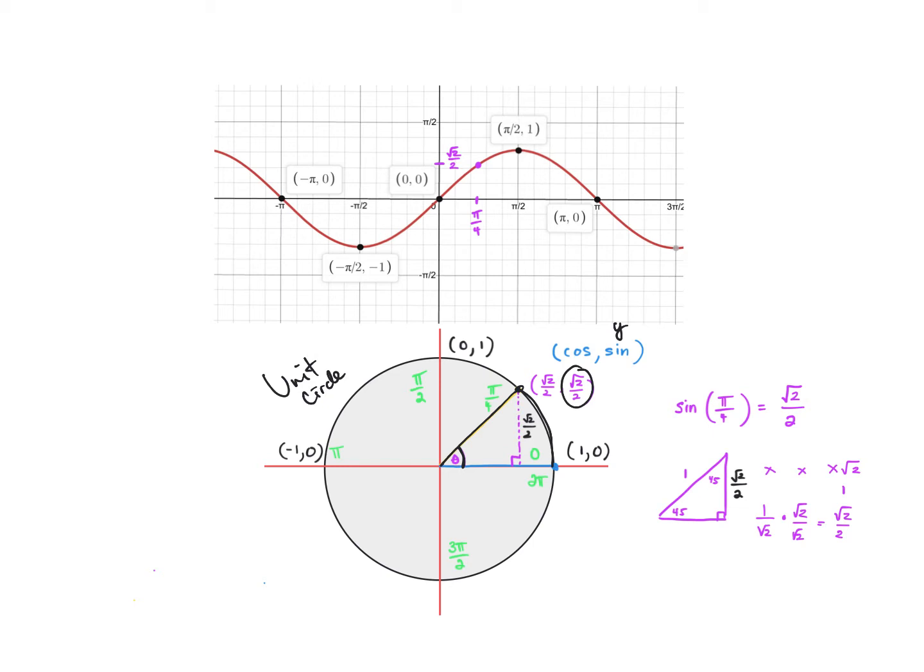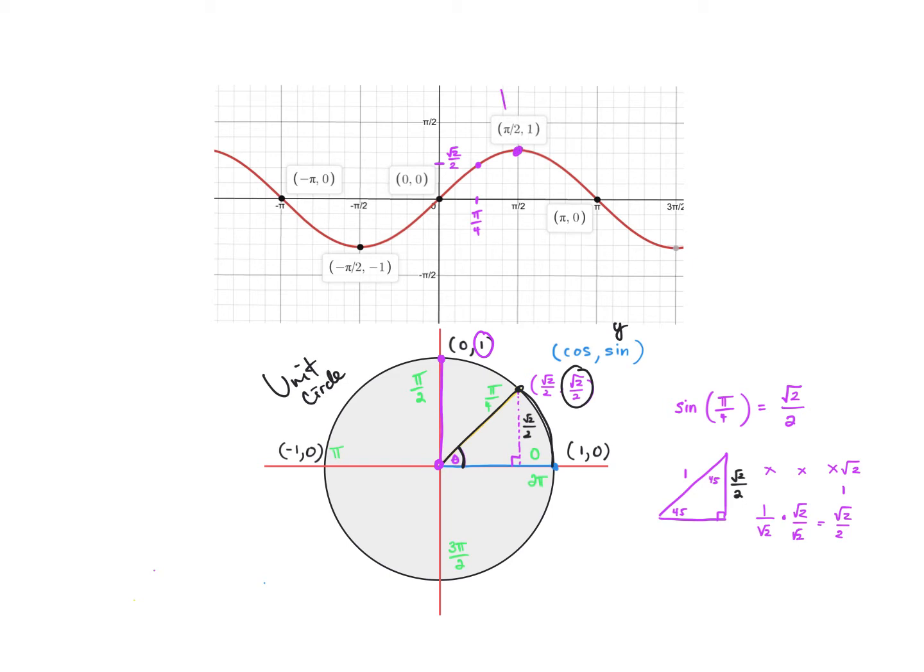So if I take the sine of pi over 2, I get a result of 1 here, my y coordinate. And if I graph that, you see the relationship here.